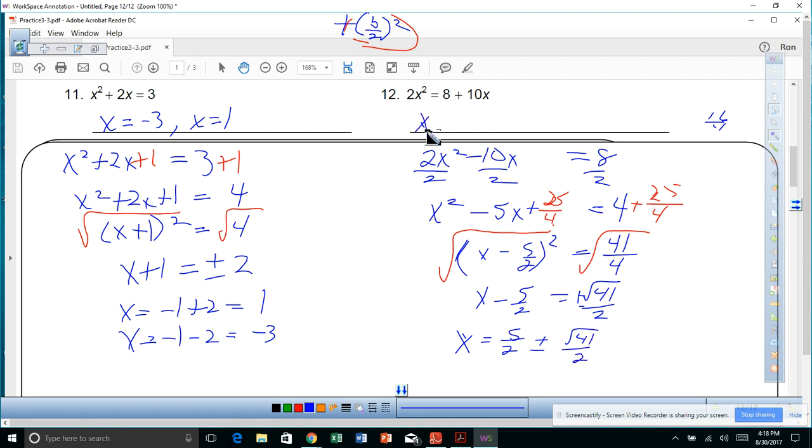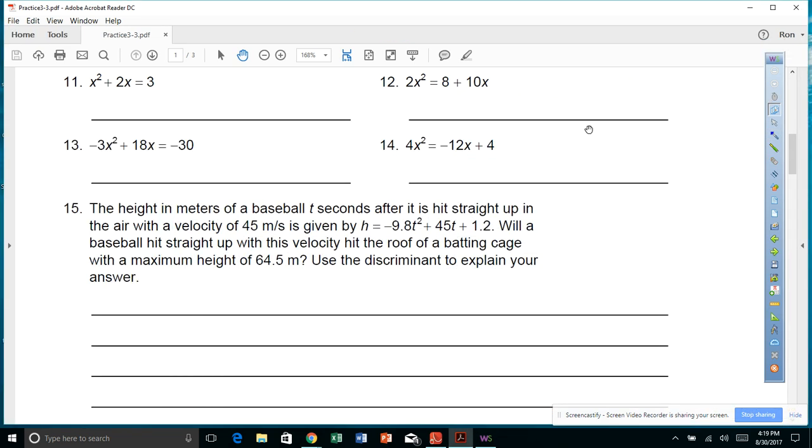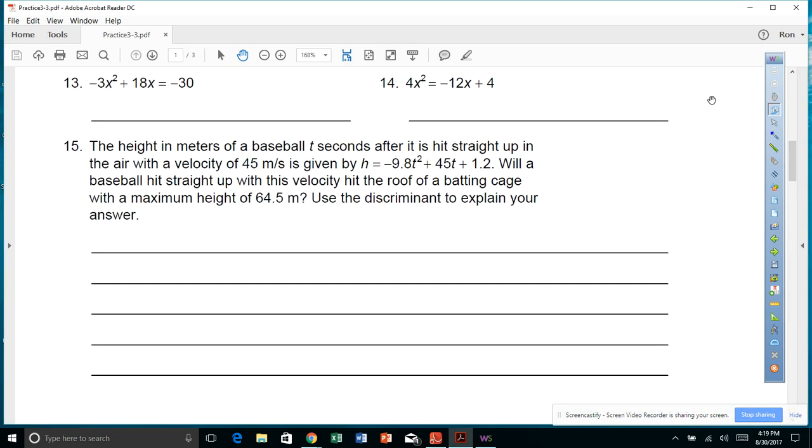So x equals 5 halves minus the square root of 41 over 2, and x equals 5 halves plus the square root of 41 over 2. That's your solutions for 11 and 12. 13 and 14.